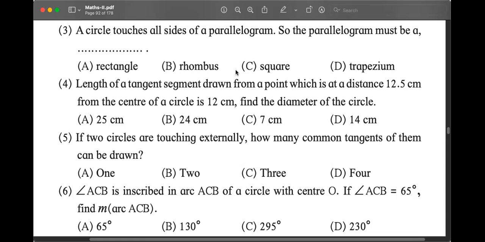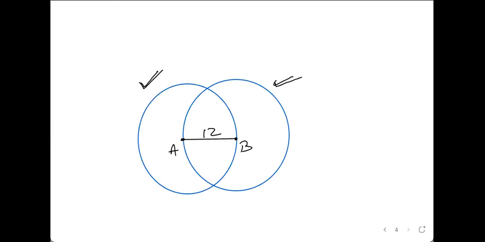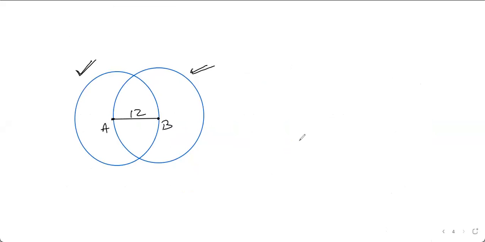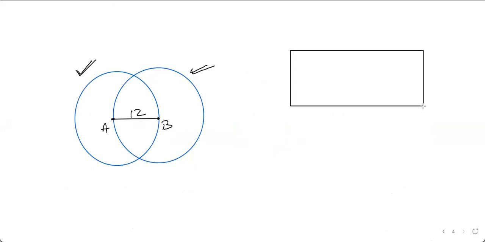What are the different types of parallelogram? The different types of parallelogram are given in the question. One, it says, is a rectangle. Okay, let us draw a rectangle. This can be a rectangle. Now, if I try to draw a circle which touches all sides, already you should be stopping me. Sir, don't do it. It will not work because all the sides are not of the same length.